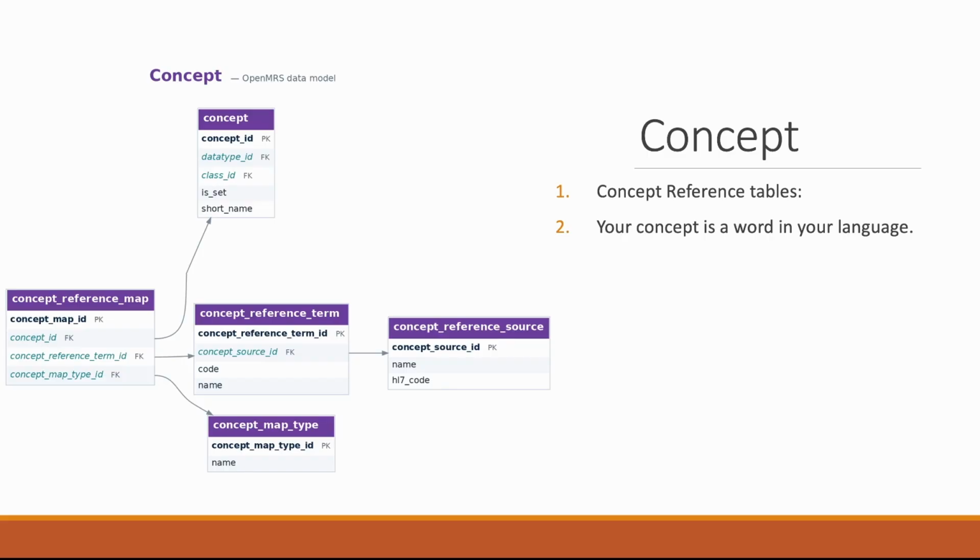So we have internationally these so-called concept dictionaries like SNOMED, and SNOMED is short for Systematized Nomenclature for Medical Clinical Terms, right? Then we have ICD-10. This is International Classification of Diseases, 10th revision.